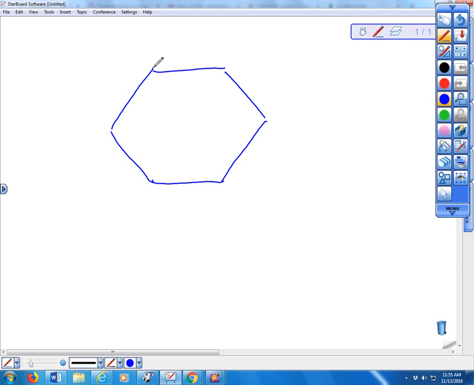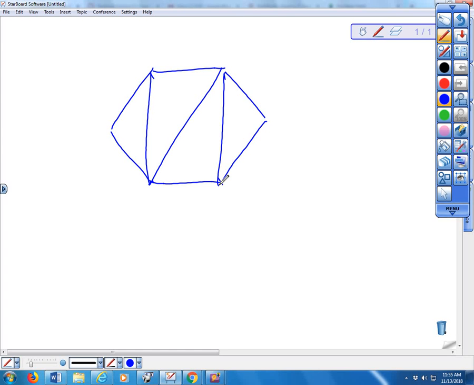So if I make diagonals here to make triangles, how many triangles can I make? 4 triangles using diagonals. This is how the formula is derived. You take diagonals in any size of polygon and make as many triangles as you can without crossing the diagonals.